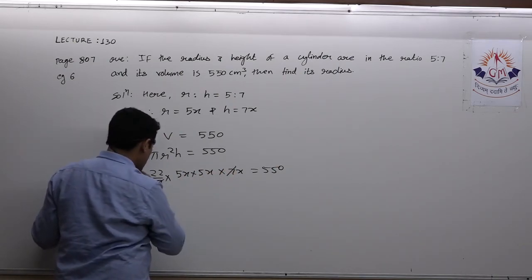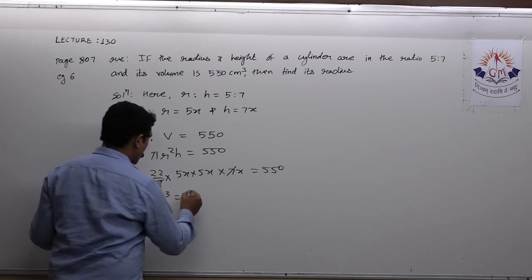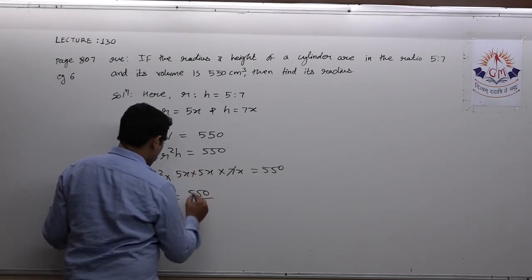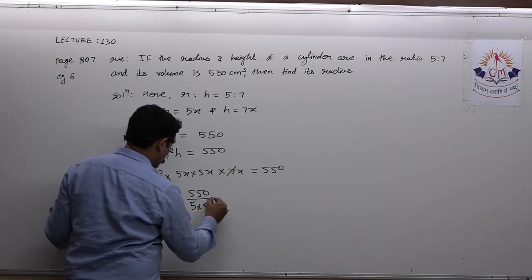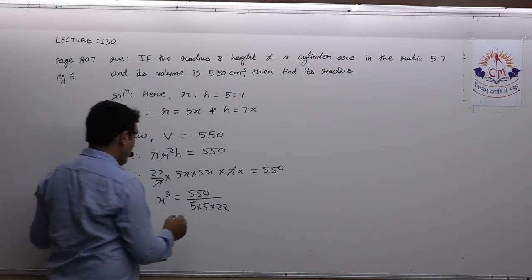Okay, so x into x into x is x cube, which is equal to 550 divided by 5 into 5 into 22. This gives you the value of x.